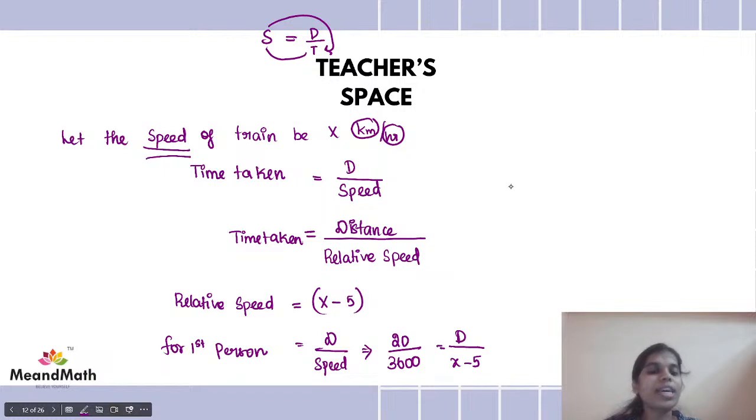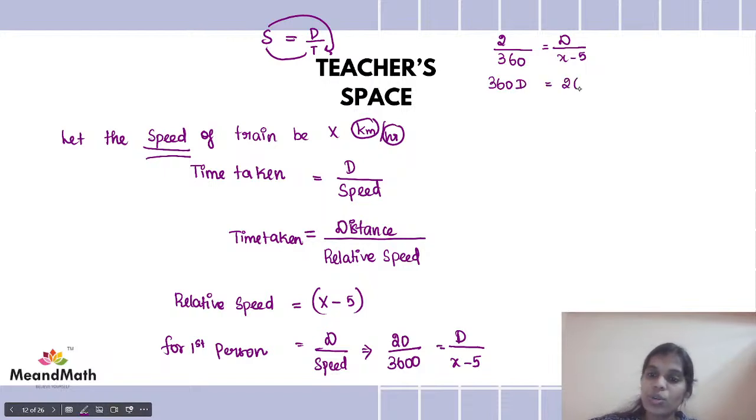Now we can equate this: 2 by 360 equals distance by x minus 5. So 360d equals 2 into x minus 5. Let it be equation number 1.